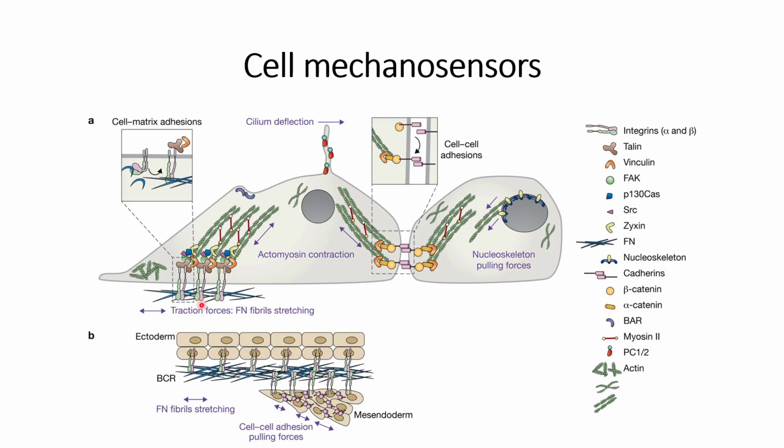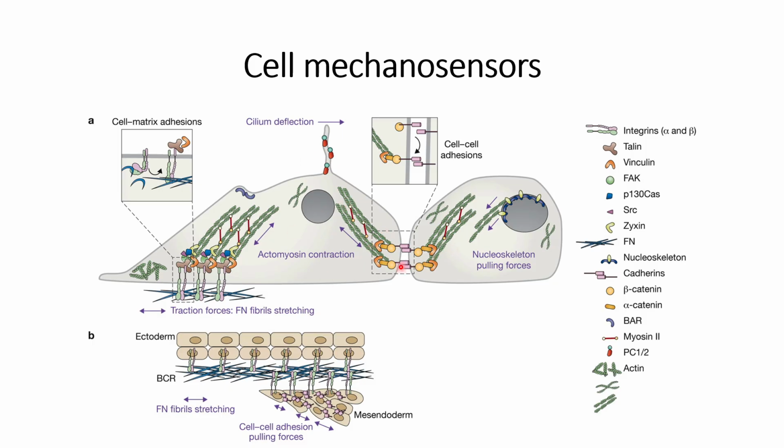And apart from these integrin interactions, there is also another interaction between the cells. That interaction is basically because the cadherin on one cell interacts with the cadherin on another cell, and this also causes actomyosin contractions that can be seen here, that lead to conformational changes.